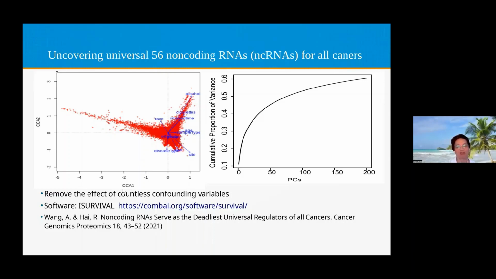I used CCA, canonical correspondence analysis, and plotted it as vectors. A vector has two properties.